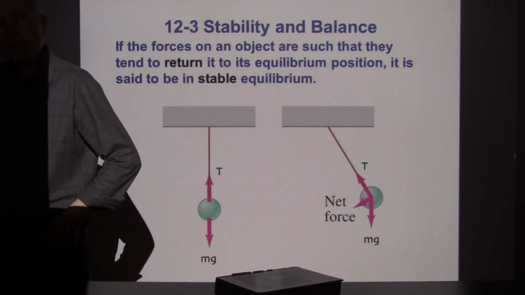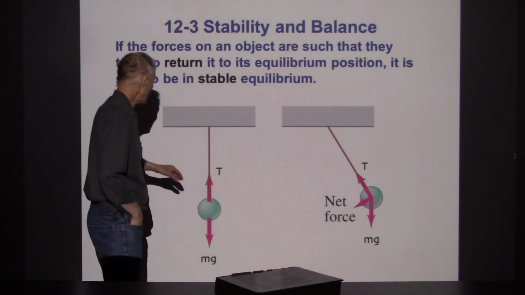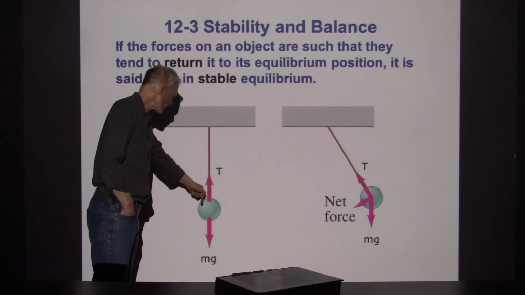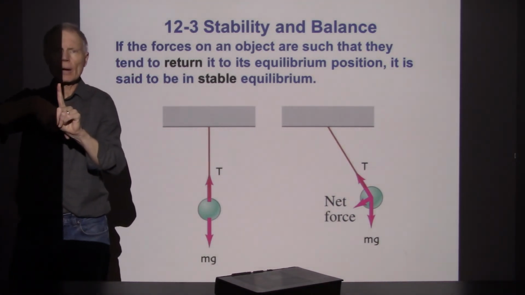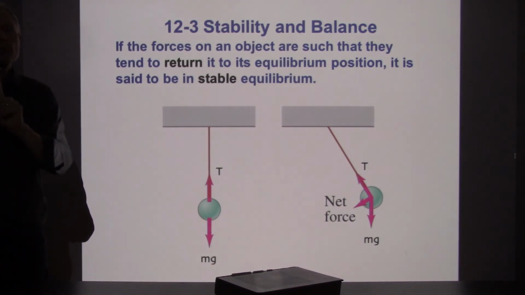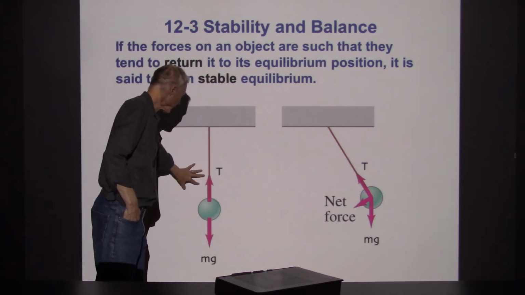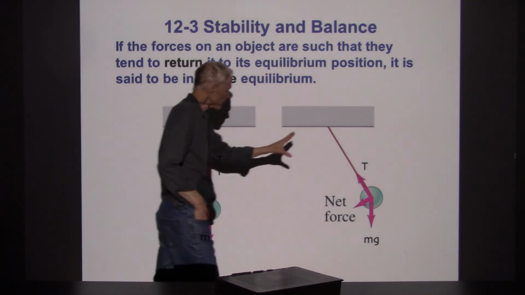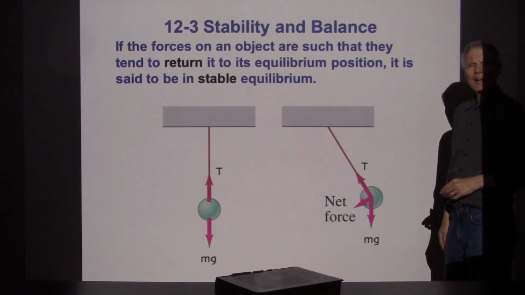So let's talk a little bit about stability and balance. Here's an object, there's a tension lifting upwards, there's a gravitational force down. Because the two forces are lined up with each other, the tension is able to exactly offset the gravitational force. If I pull this object to the side, there's no way the two forces can cancel out.